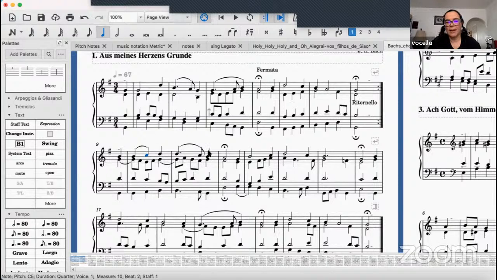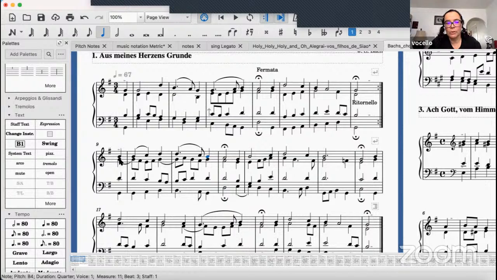Same thing here, this ligadura or this tie, excuse me, is not to add to the duration of the note, but to sing or play connected. I'm singing one octave lower, so ta ta ta. So connected.